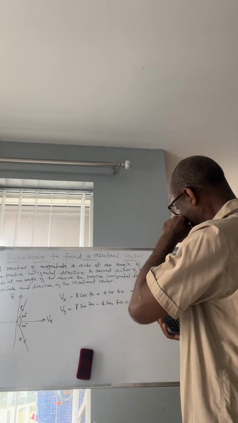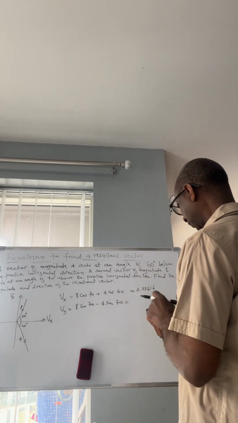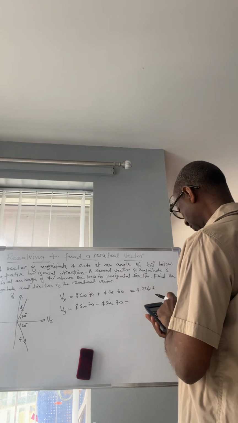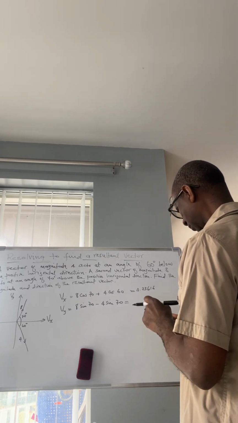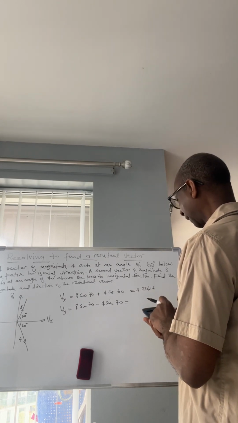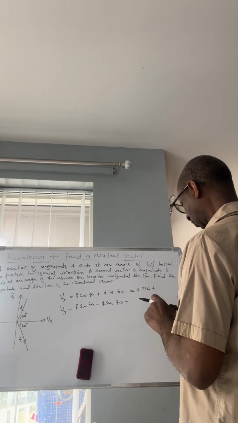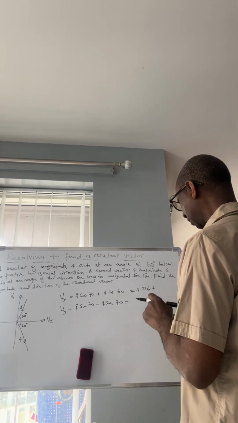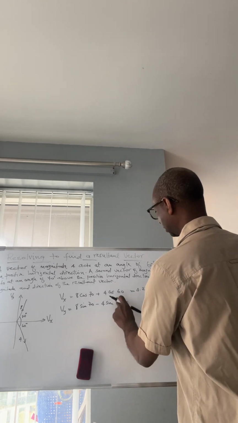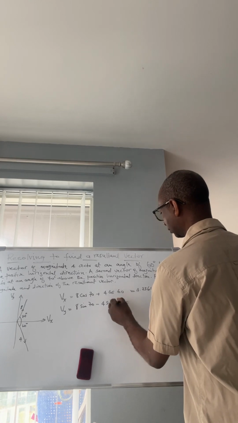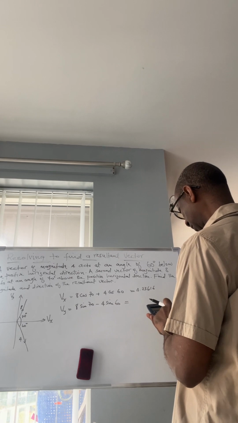And now you have 8 times the sine of 70, sorry, 8 times the sine of 70 minus this time 4 times the sine of, this will be 60. Yes, 60, sorry. Sine of 60.